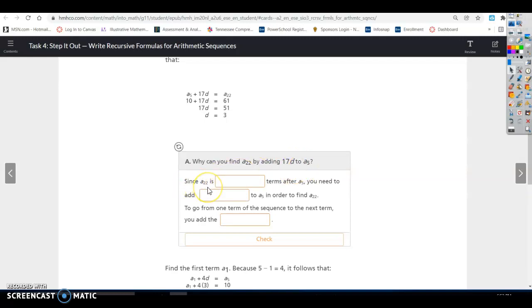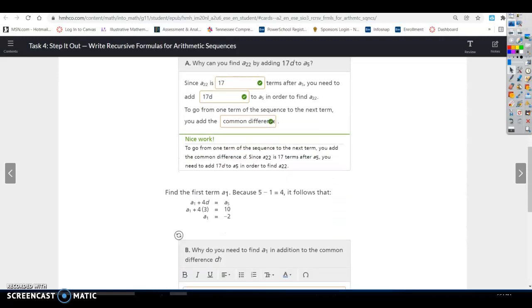Since a sub 22 is 17 terms after a sub 5, you need to add 17 times your common difference, which we found is 3 now. But we need to do 17 times our common difference to a sub 5 in order to find a of 22. To go from one term of the sequence to the next term, you add the common difference. And you do that for any arithmetic sequence.